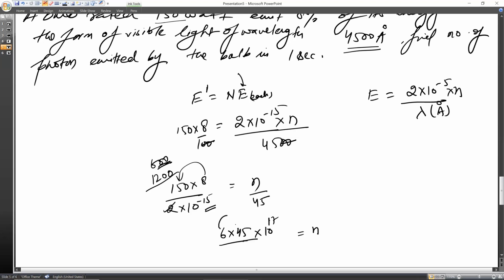Got it? When you multiply these two, we'll get 275 into 10 to the power 17. Wait a minute. 270, not 75. 270.